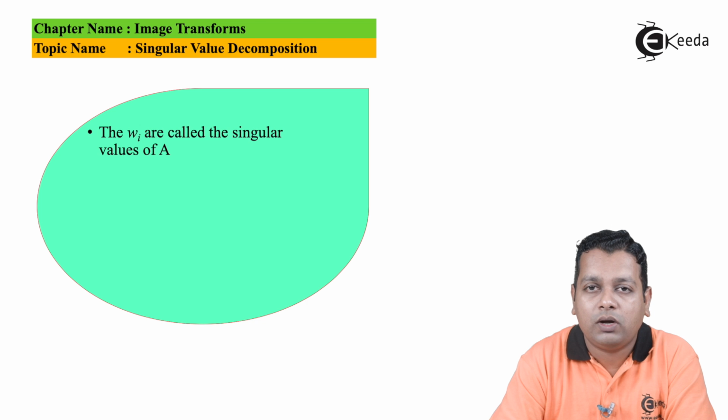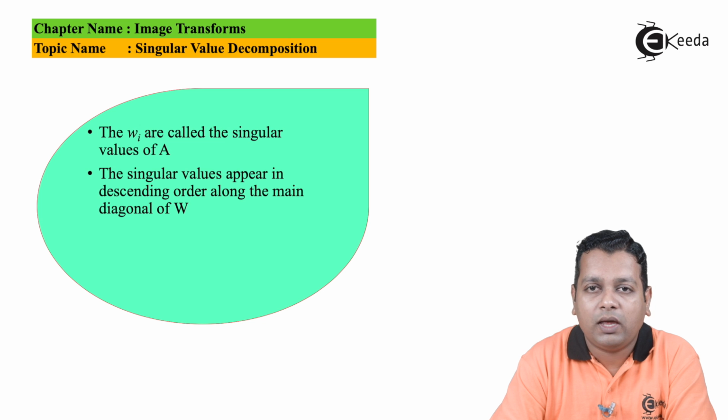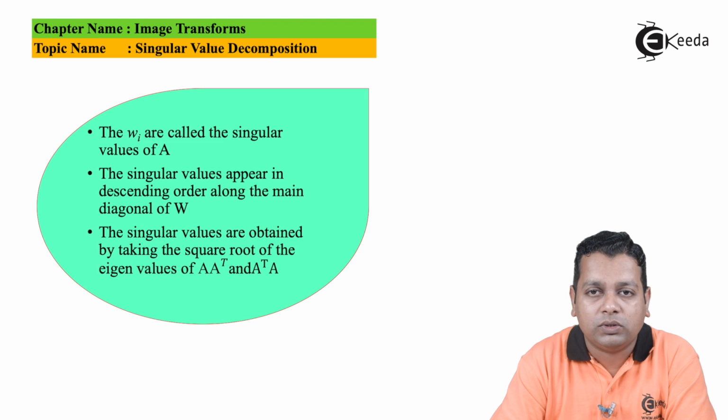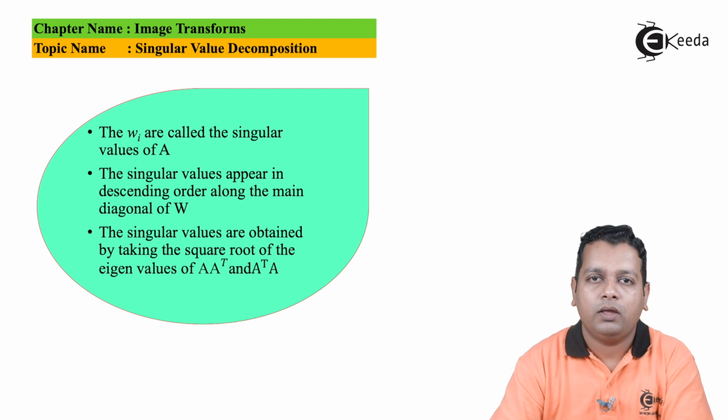These are called the singular values of the input matrix A. The singular values appear in descending order along the main diagonal of W. They are obtained by taking the square root of the eigenvalues of A into A transpose and A transpose into A.